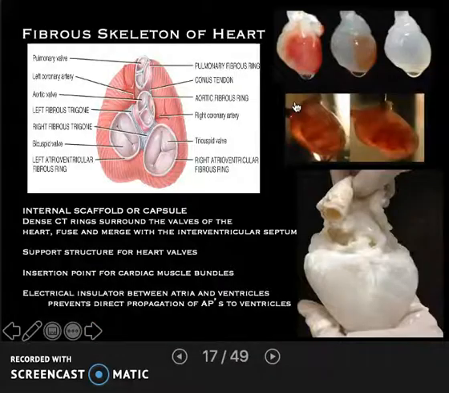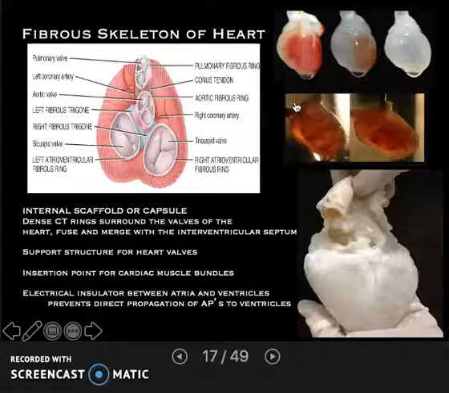Now, the valves are part of this internal skeleton or internal capsule of the heart, and it's kind of fascinating. There's cardiac muscle, the myocardium, right? And there's endocardium, this epithelial tissue, but there's also this dense CT skeleton.